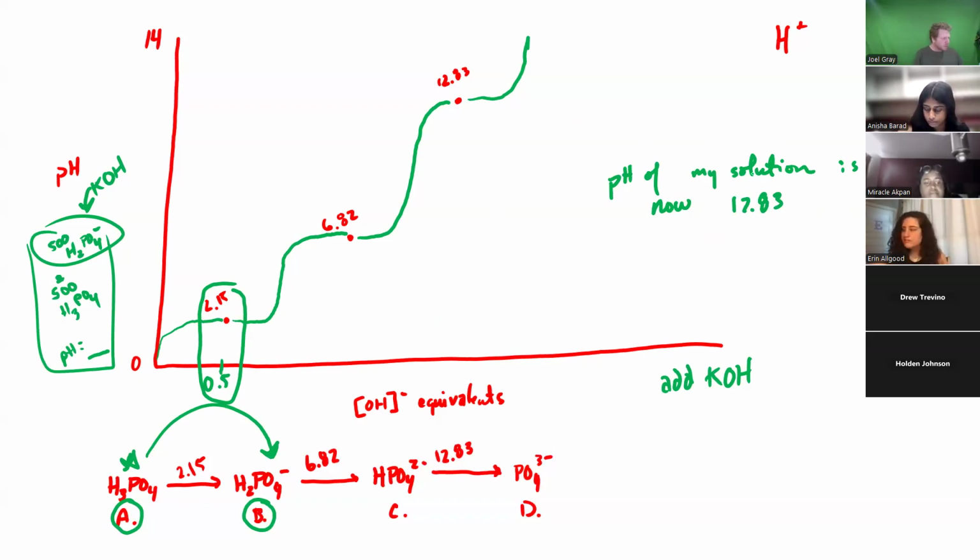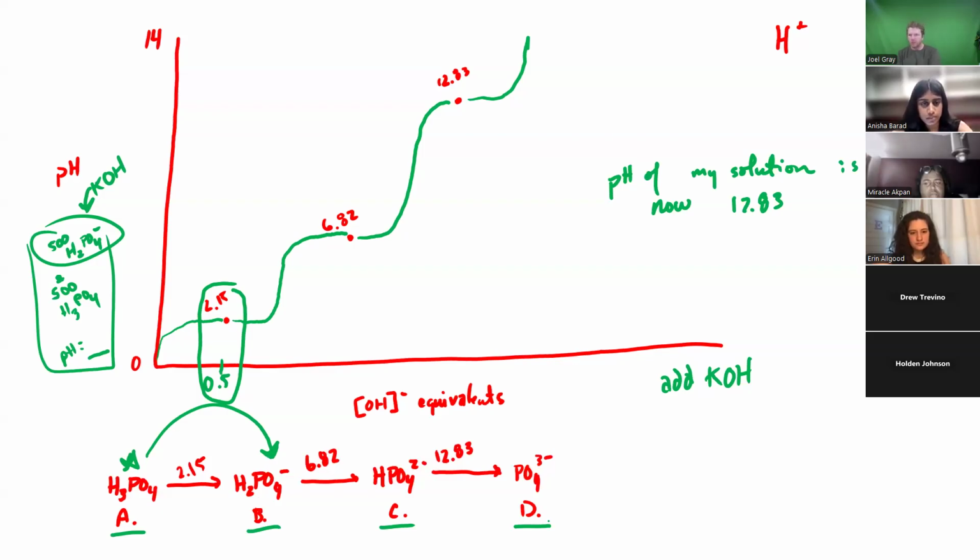And you can use the letters down here, these A, B, C, and D. When the solution's pH is 12.83, what molecules exist in my solution?